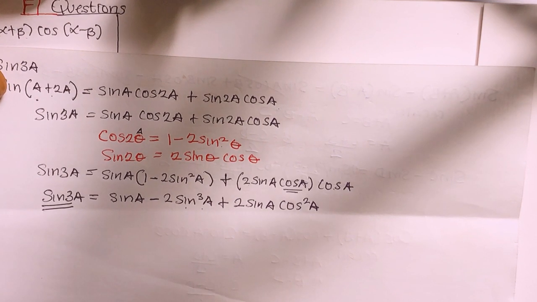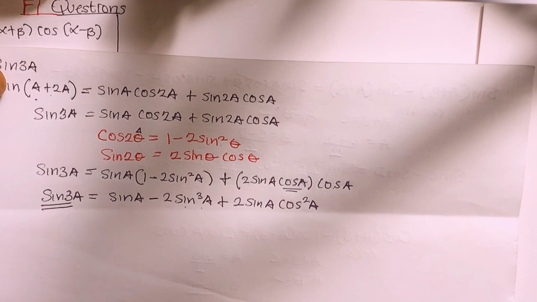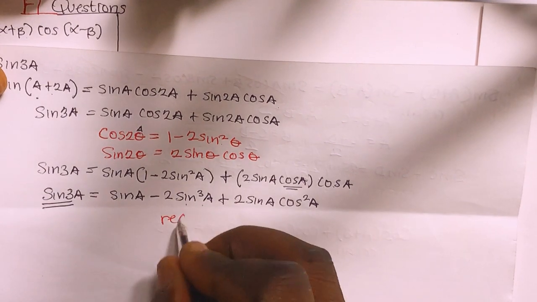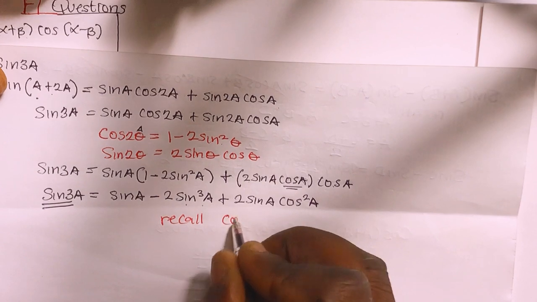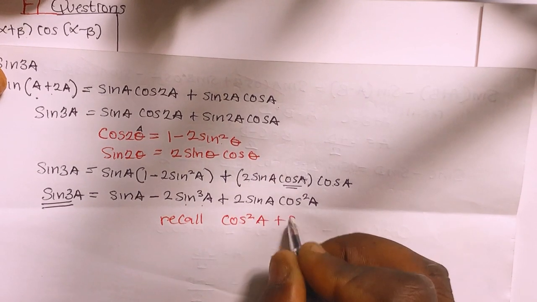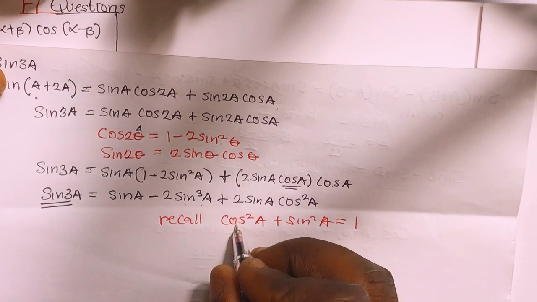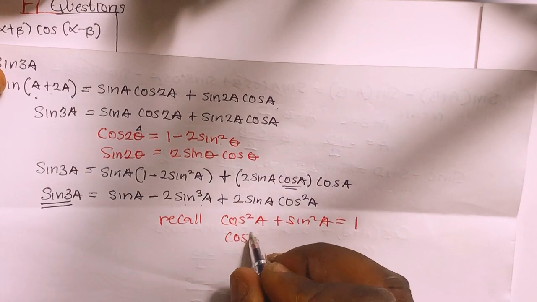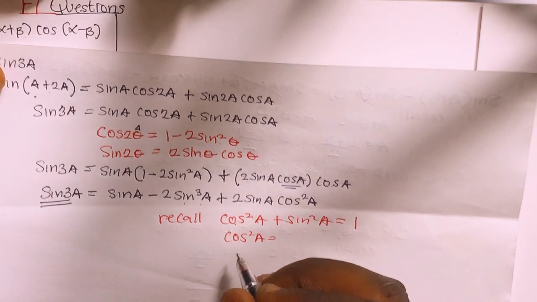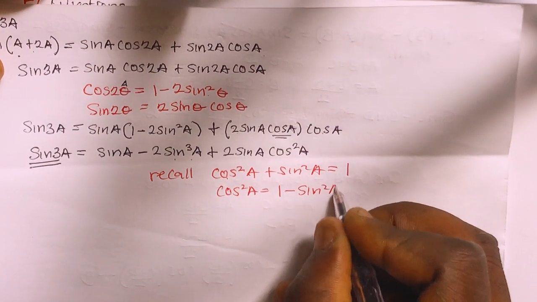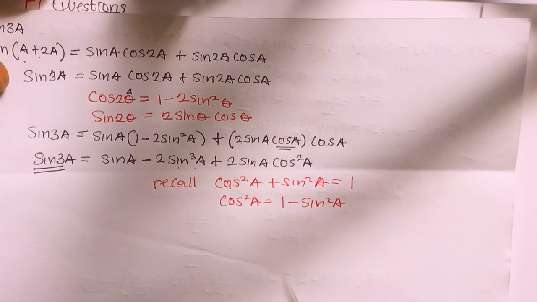I can just go ahead and further simplify by using a basic identity. Recall that cos square a plus sine square a is equal to 1, which makes cos square a equal to 1 minus sine square a. Go ahead and fix it into this.